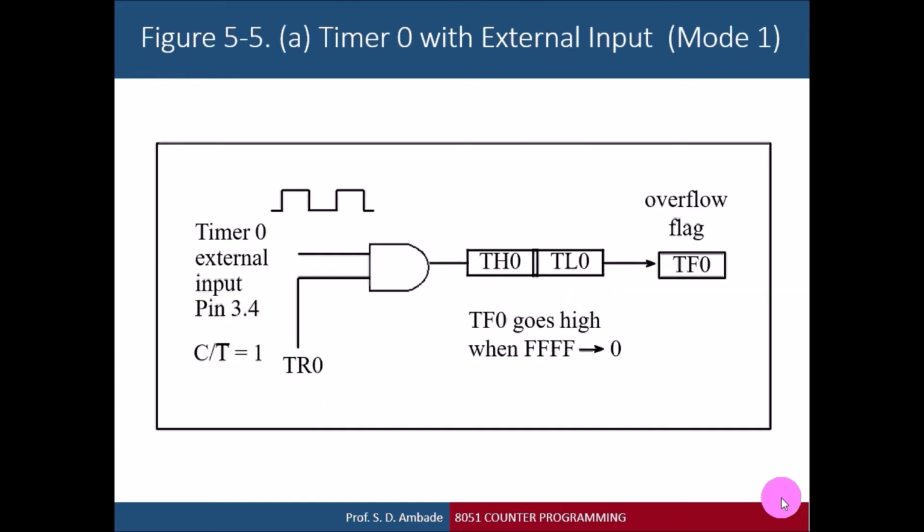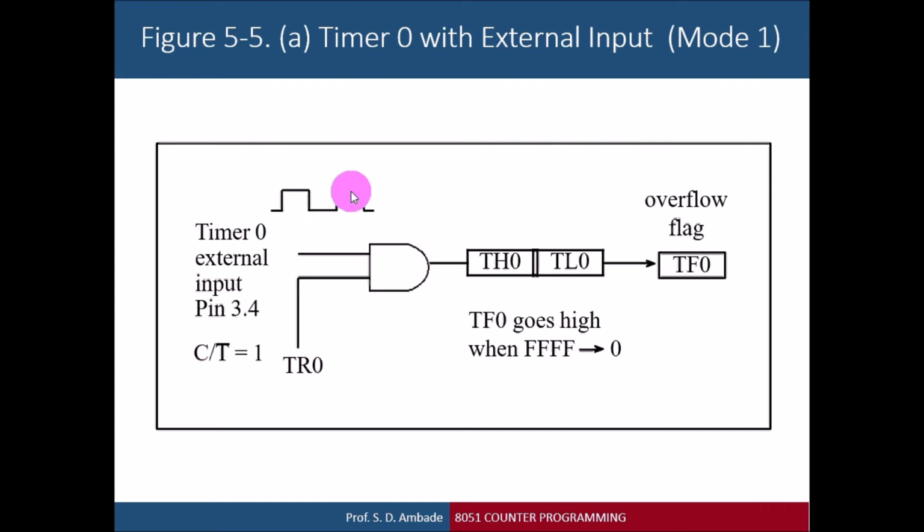So this is a figure, timer 0 with external input, means in mode 1 how the counter works. Look at the AND gate where one input bit is TR0, another one is timer 0 external input, which will be available on pin number 3.4.